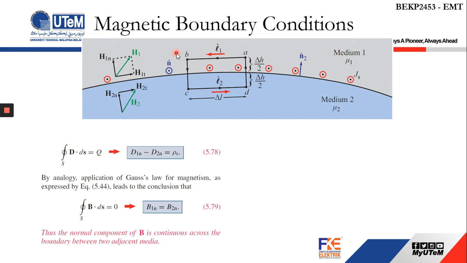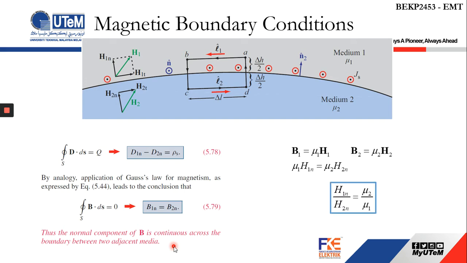There's no drawing here that shows the relationship, but it's implied. Since it's 0, that means the normal component from medium 1 and medium 2 is the same. So the normal component of magnetic flux B is continuous across the boundary between two adjacent media.